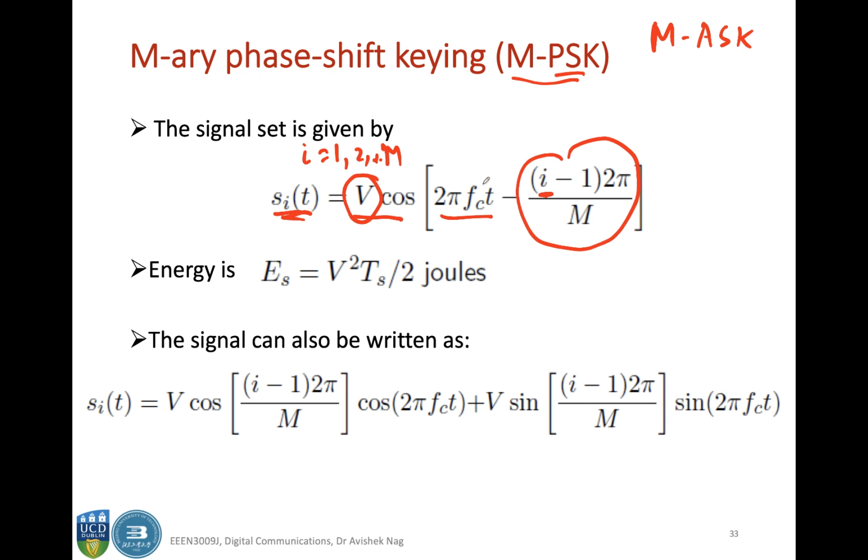So the ith signal has a phase difference that is proportional to i. When i is 1, you have no phase difference, it's just a cosine wave. So your S1 is a plain cosine wave.